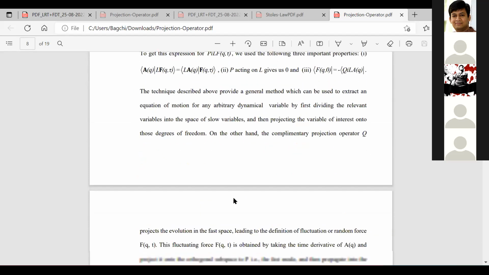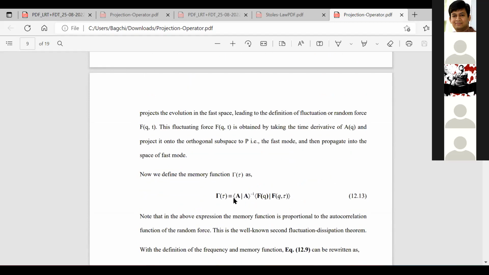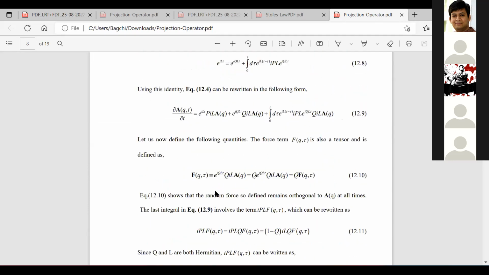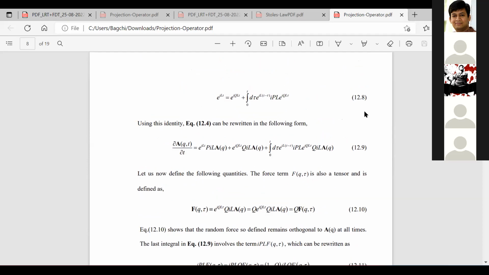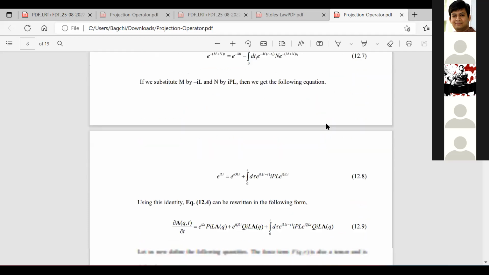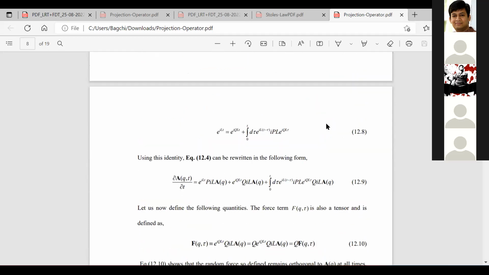And after doing all that, you can show that this equation, 12.9, which comes from equation 12.8, which comes from equation 12.7. 12.7 goes to equation 12.8. 12.8 is rewritten as 12.9.